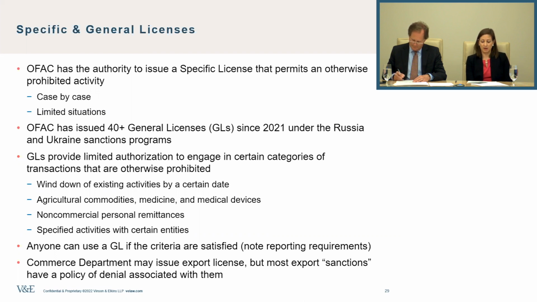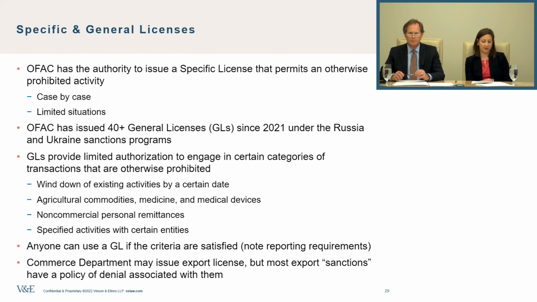And then other examples might be certain intellectual property activities needed for either maintaining or asserting patent rights. Certain credit rating and auditing service activities are also authorized under a general license right now. And then pension payment activities are another one.